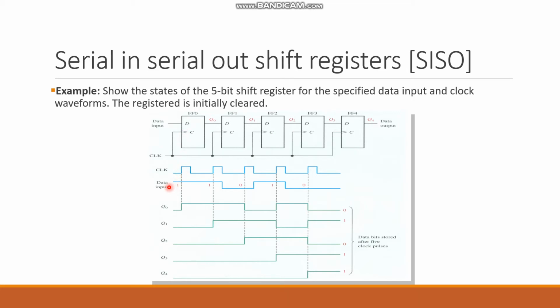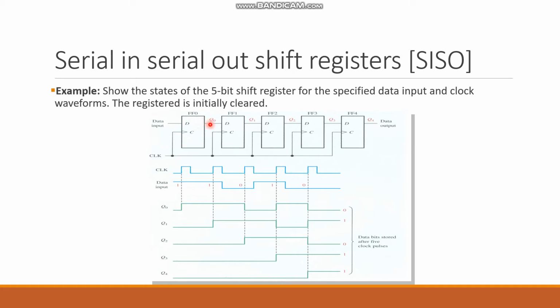The data input, which is this one, is in this case 1. It is written 1; this has already been given. So in the first clock pulse, this one gets into the first flip-flop, and Q0 is going to be 1. But what happens to Q1, Q2?